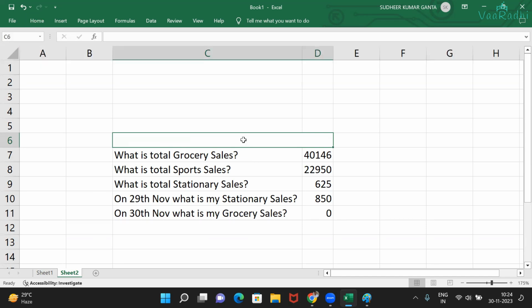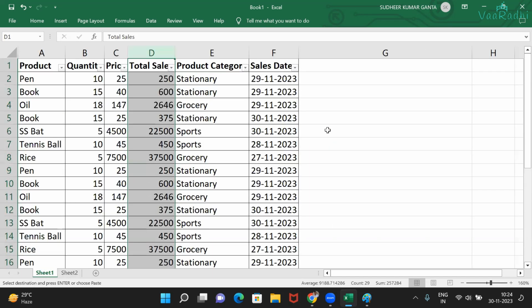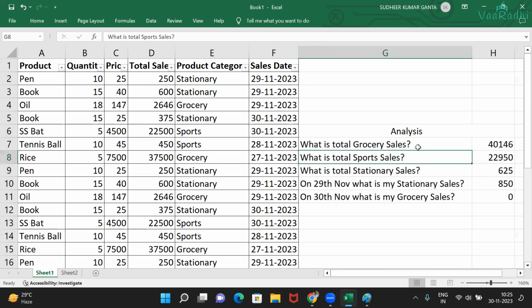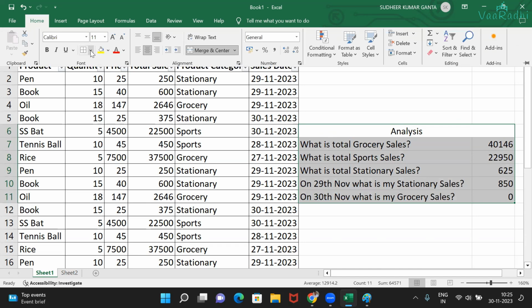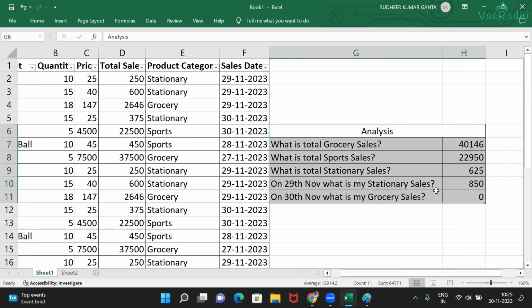I have taken a simple use case for your understanding. This is called analysis, because you may have different interests and different product related sales in your business. This way you will analyze your data and take the decisions required to improve your business.